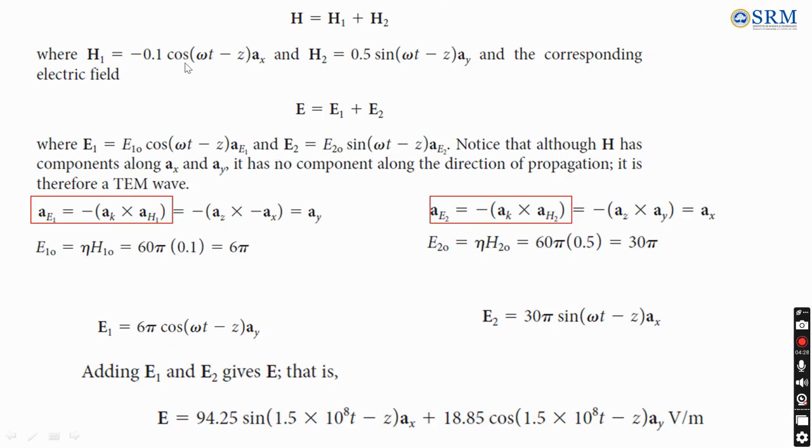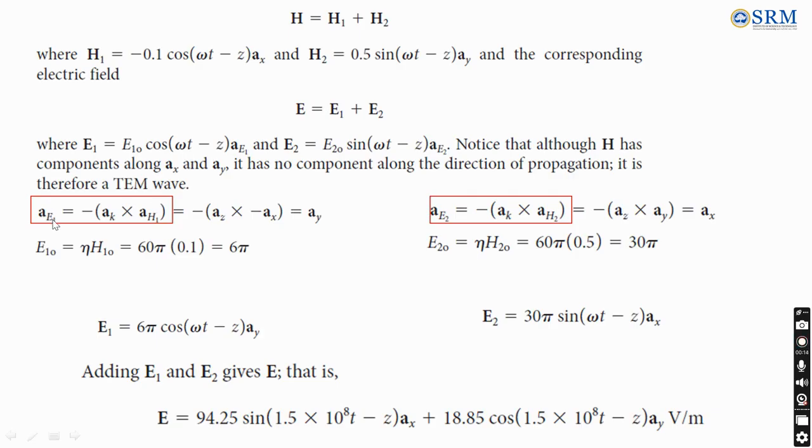And we can notice that the magnetic field itself has components of AX and AY, and wave propagation is along the Z direction, and we don't have any component along the direction of propagation. It is called a transverse electromagnetic wave. Let us find the unit vector in the electric field, and also the magnitude of the electric field for both the components E1 and E2.